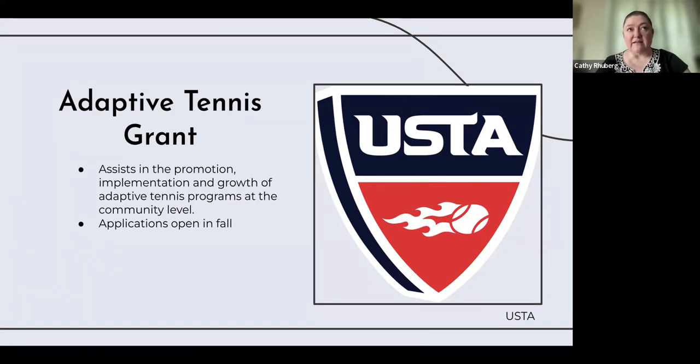Adaptive tennis has become really popular in the last few years, and it's only growing. But adaptive tennis can mean wheelchair. It can also mean people with other types of intellectual disabilities, autism, any sort of adaptive tennis that may need some sort of accommodation in order to make tennis an accessible sport.